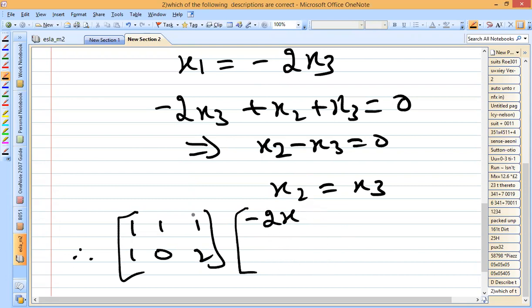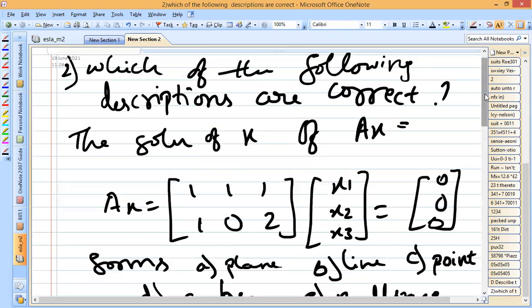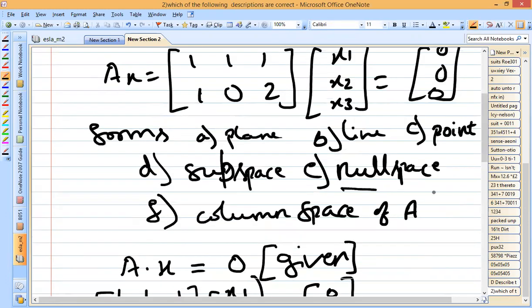The product of all this will be resulting in the value 0. Whenever this matrix A is multiplied with this condition of x1 x2 x3, it will be resulting in the value 0. So out of the given descriptions, this solution Ax is equal to 0 will be defining a null space. So here the answer is null space.